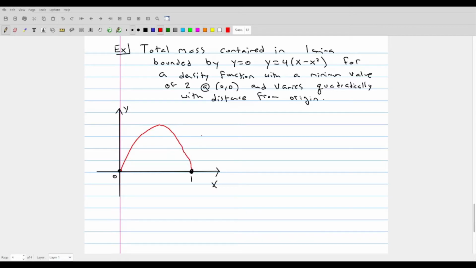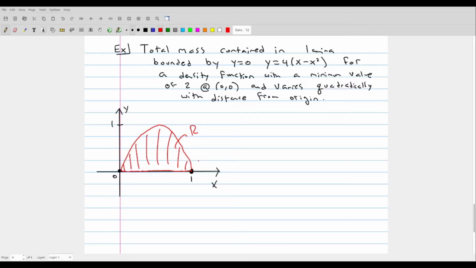It's a downward opening parabola with a maximum height of 1. And then y equals 0 is just this straight line right here. So this is the geometric lamina, or the region that we're considering finding the total mass of.